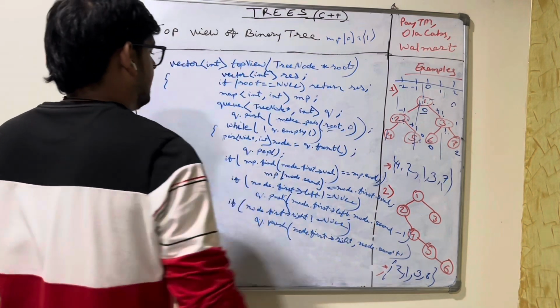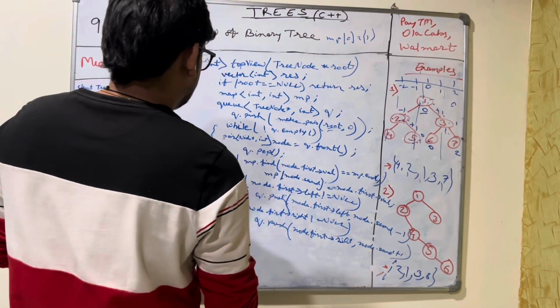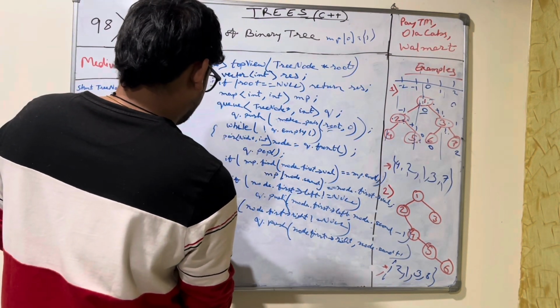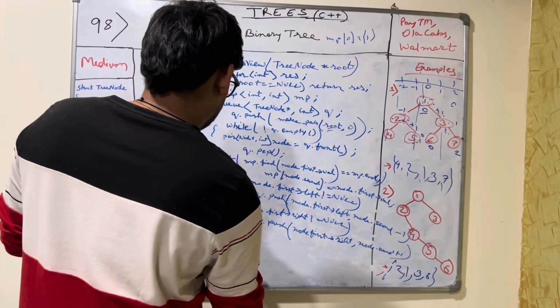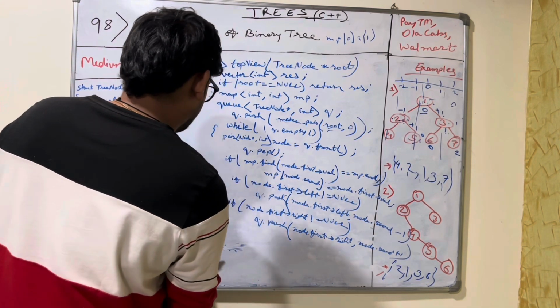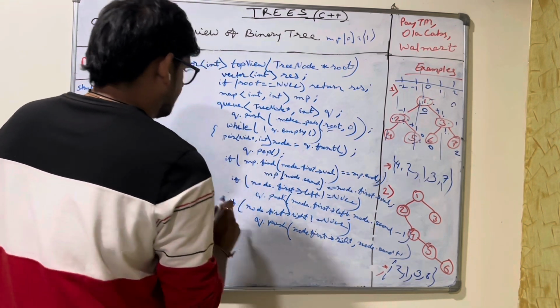So we'll add this node dot second +1 inside the queue, and then we will close it and we will return result. Oh, not return result, we don't have anything inside the result now. So this is done, right?